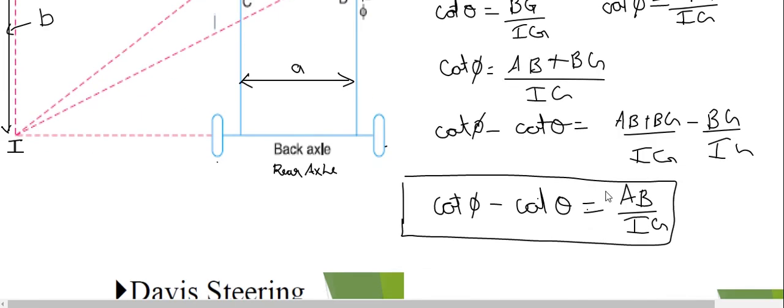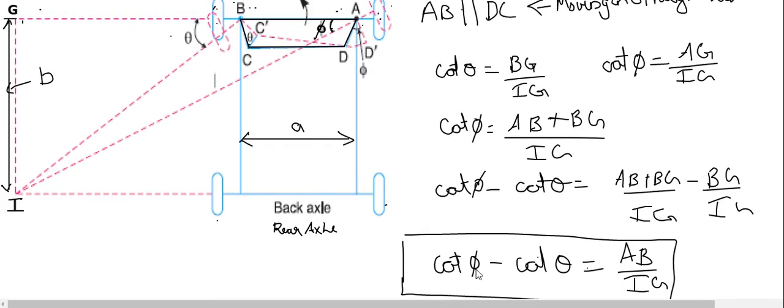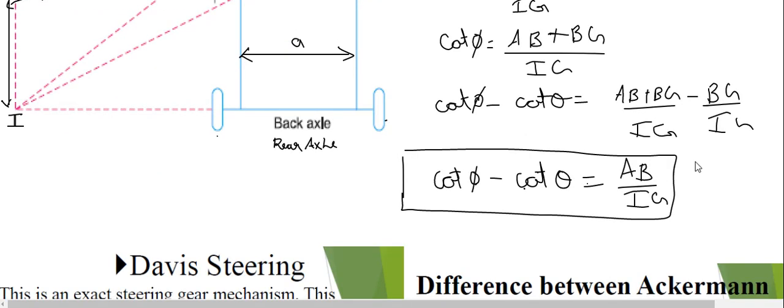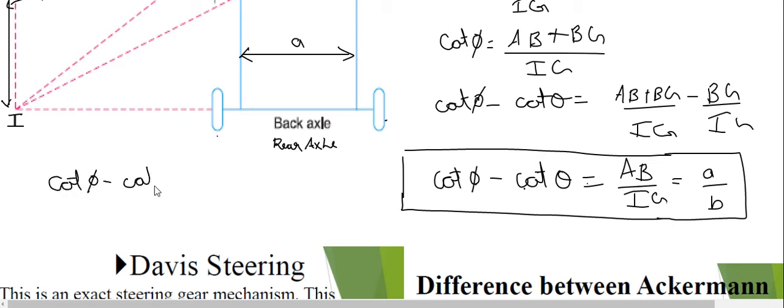So cot of the outside angle minus cot of the inside angle should be equal to AB over IG, and AB is A and IG is B, so we can write it as A over B. But in general, for accommodating some machining losses and also some mechanical losses due to friction in the bearings, we take A over 0.7B.